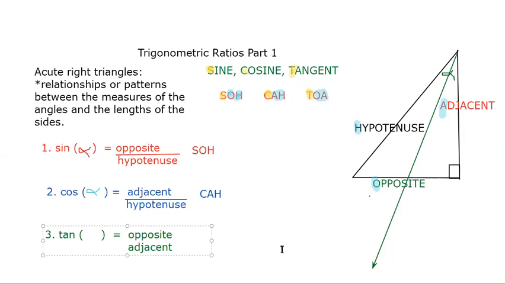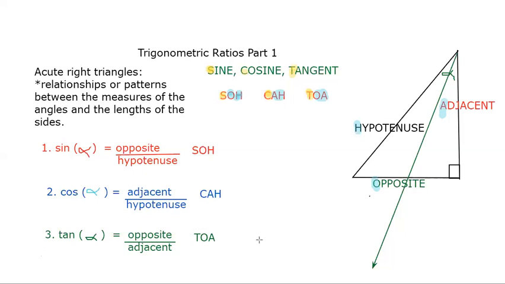And that's when we're talking about alpha. So we'll have to put in our alpha. You have to make sure you're looking at the right sides with respect to the angle that you're referring to.